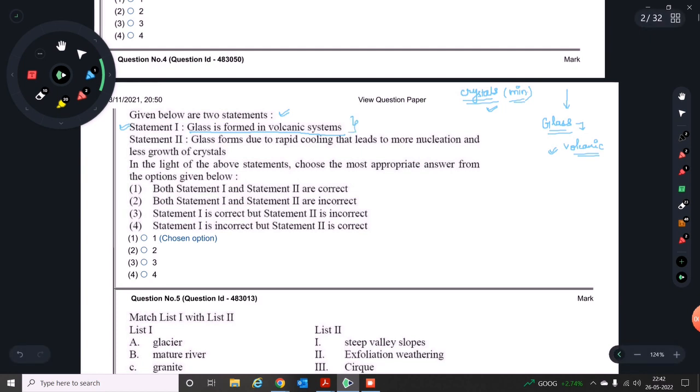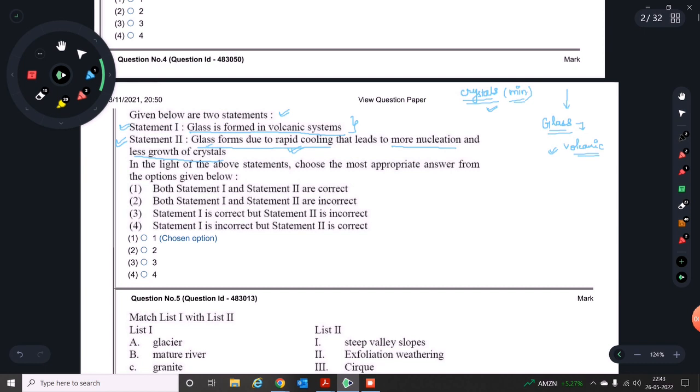Glass is formed in volcanic systems. Then we have statement 2: glass forms due to rapid cooling that leads to more nucleation and less growth of crystals. Statement 2 is also correct, because as I mentioned, glass forms due to rapid cooling. If you have slow cooling, it will not form glass.